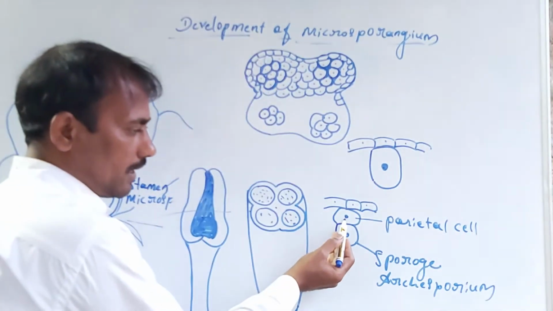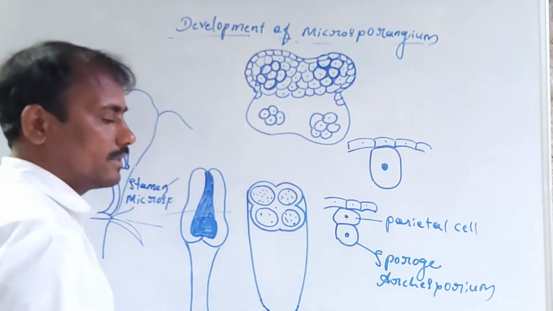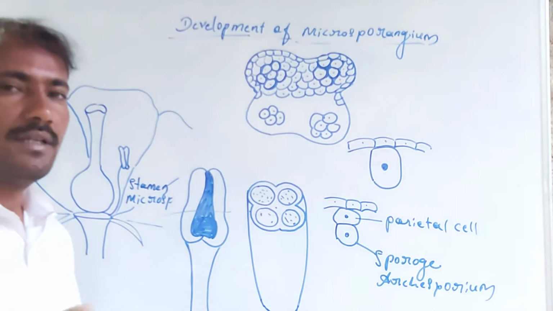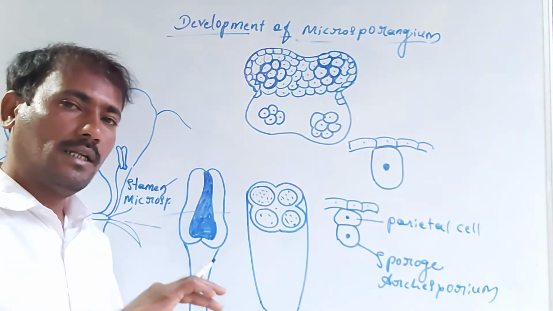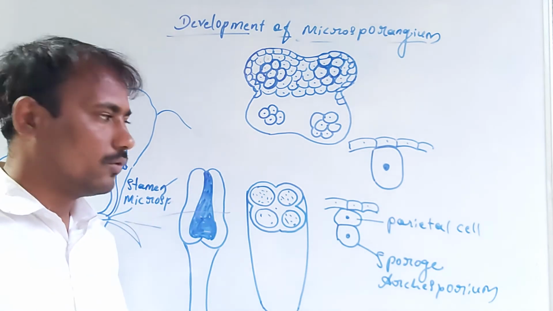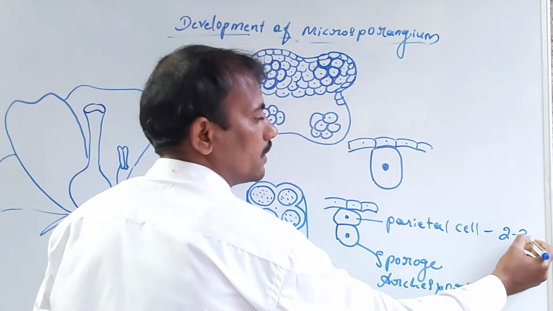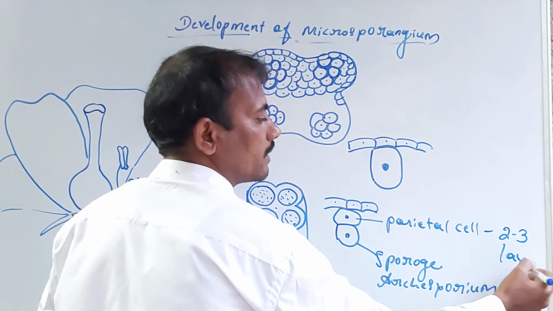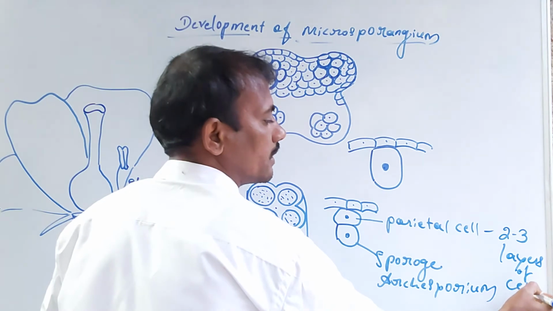The outer parietal cell that is situated towards the epidermis undergoes repeated divisions. It divides anticlinally and periclinally to form 2 to 3 layers of cells.